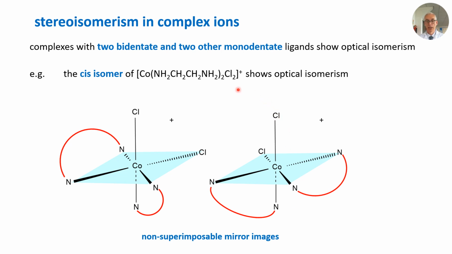So this particular complex shows both cis-trans isomerism and optical isomerism in the cis isomer. The trans isomer does not show optical isomerism, but I'll stick with the positive. The cis isomer does.